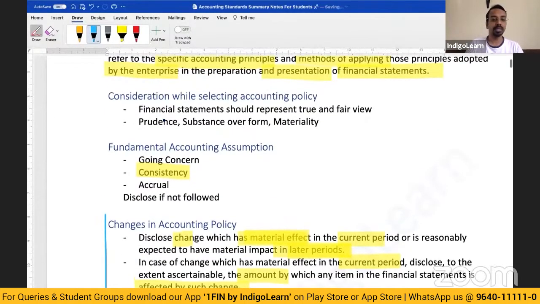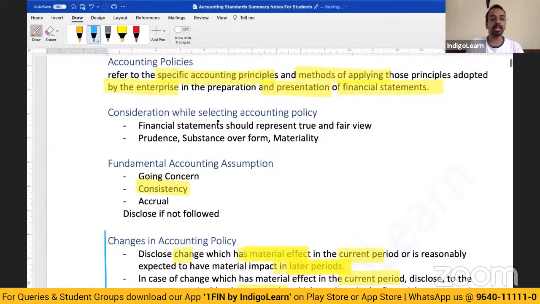Now, two quick things. While selecting accounting policies, certain considerations have to be taken care of, which are that the financial statement should represent a true and fair view, and you have to follow prudence, substance over form, and materiality. Now, this materiality related concept you would come across at multiple standards.